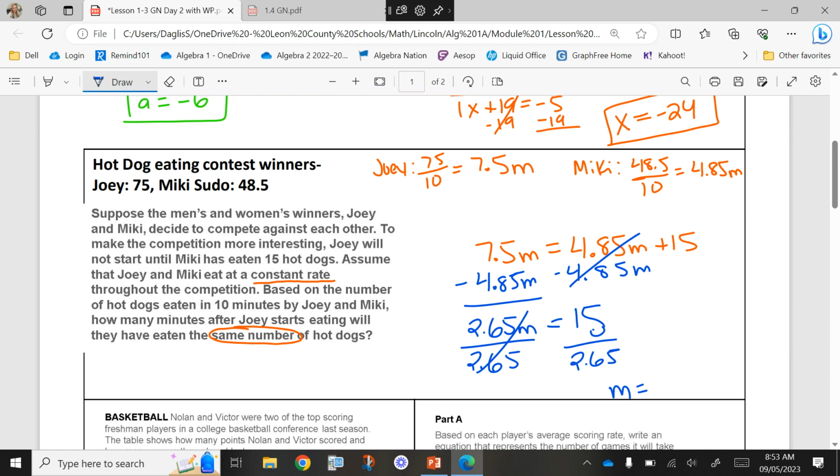Yes, 5.66. Okay. So in about 5.66 minutes, they would have both eaten the same amount of hot dogs.